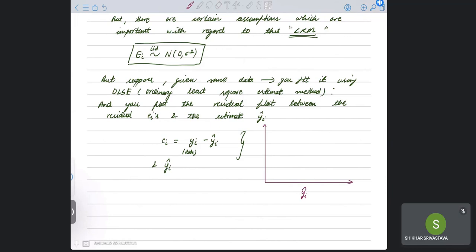On the y-axis you will have these residuals e_i. So you just plot these residuals, and suppose this is a constant e line.